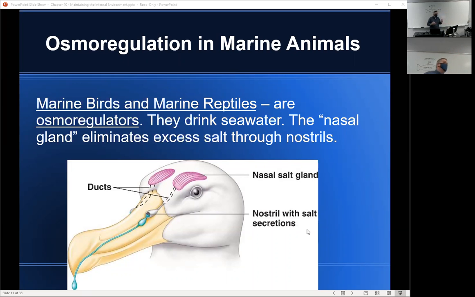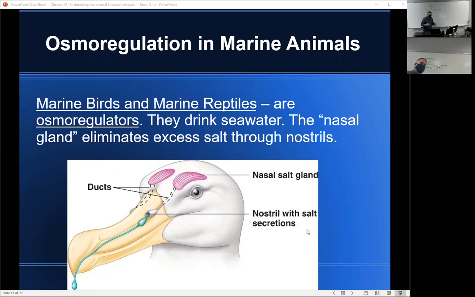Okay, if we drink seawater, that's going to make the lumen of our gut hypertonic to the cells lining our digestive tract, the brush border cells. That means water is actually going to go out of the cells that line our intestines and into our gut. So by drinking seawater, you're losing more water rather than gaining water.